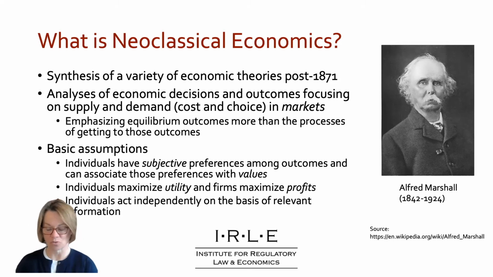And so those are mathematically what we classify as their objective functions when we try to model their decision making. Finally, the third basic assumption I want to identify here is that individuals act independently on the basis of relevant information.